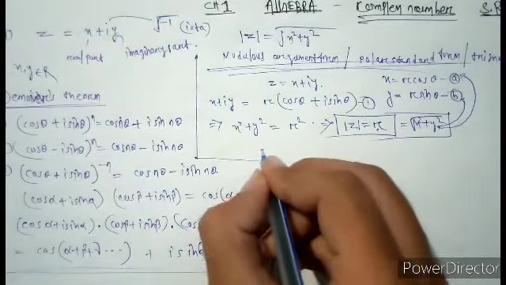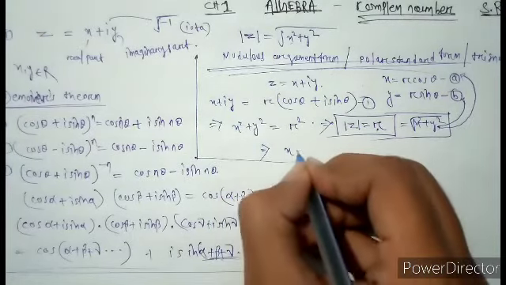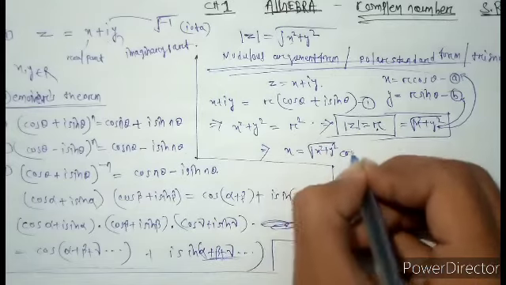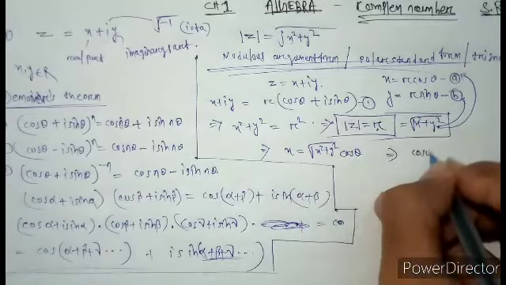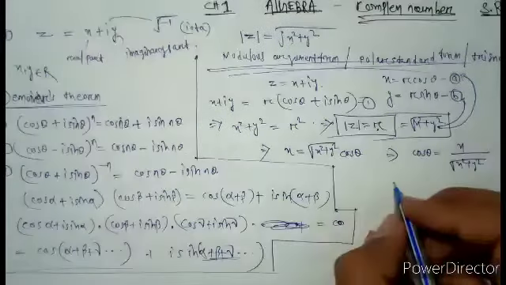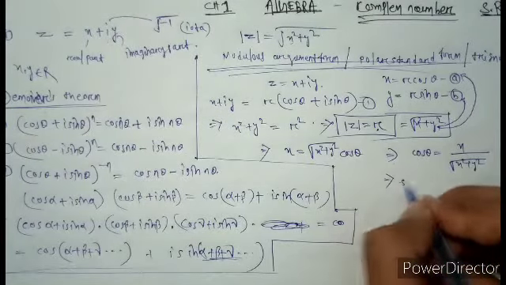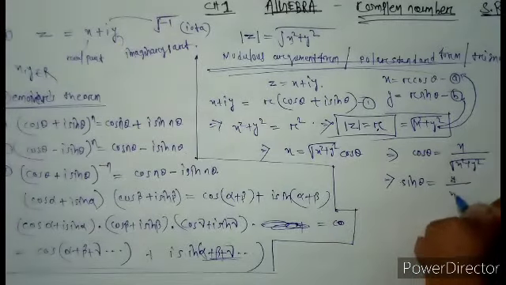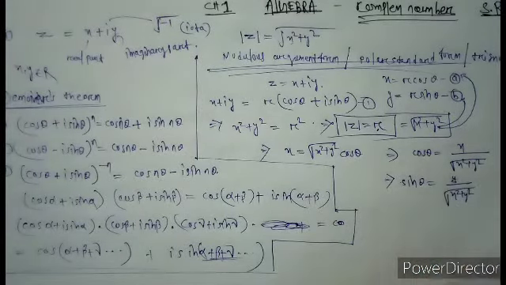Then x is equal to root over x square plus y square cos theta, so the value of cos theta is equal to x upon root over x square plus y square. Similarly, sin theta is equal to y upon root over x square plus y square.